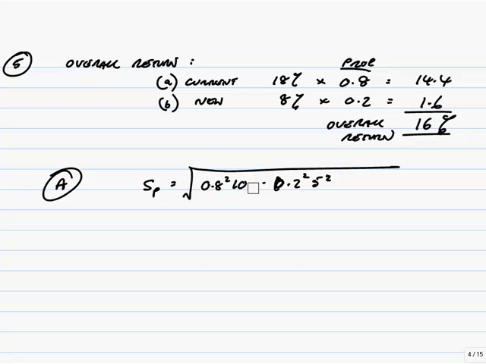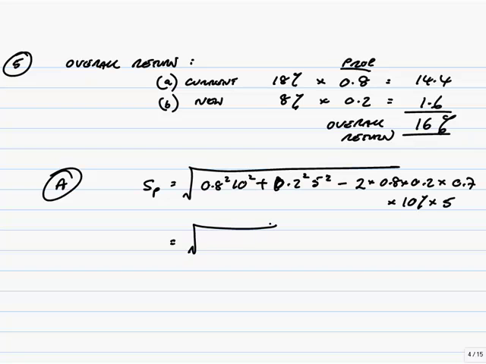Sorry, a bit of a mess here. Plus 2 times the two proportions, 0.8, 0.2. The coefficient of correlation is minus 0.7, so the whole of this last term becomes negative. Times the two standard deviations: current is 10, A is 5.